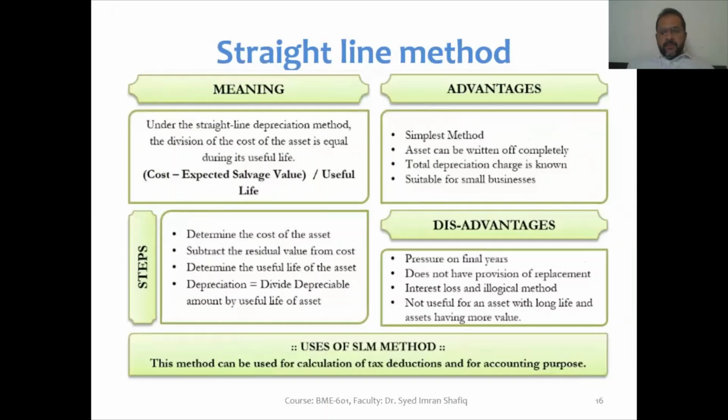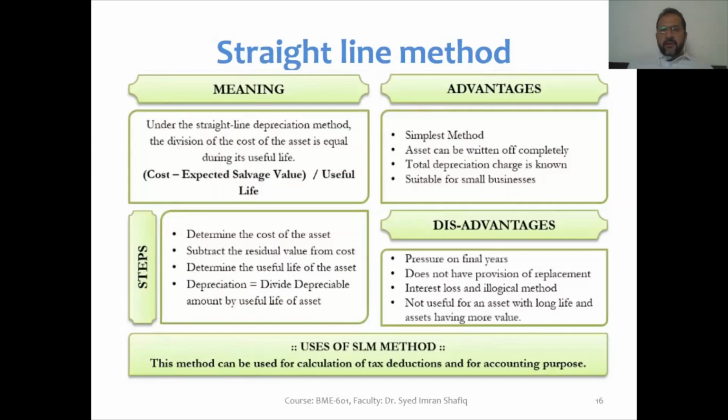The simplest and the easiest method for calculating depreciation is the straight line method. In this method, the simple concept is that the depreciation will be linear in nature. Every year it will be the same. Under the straight line depreciation method, the cost of an asset is divided equally during its useful life.